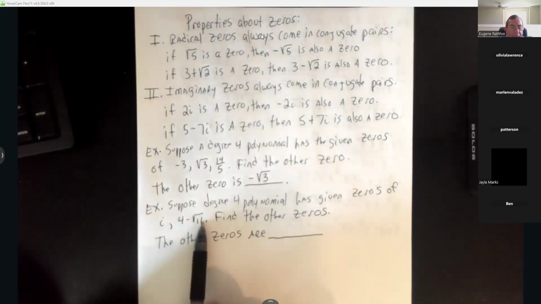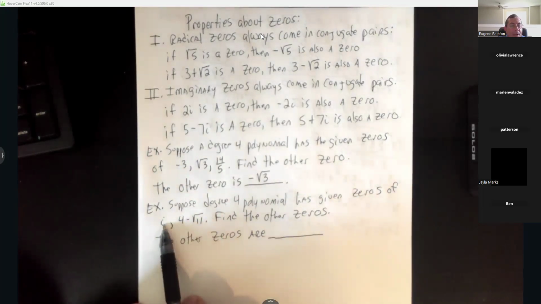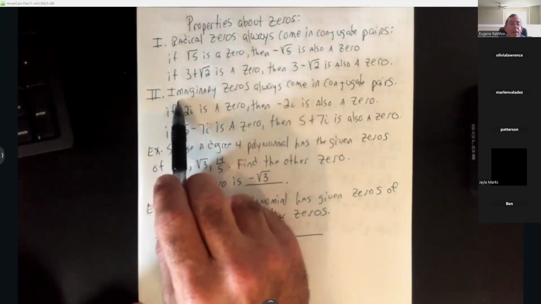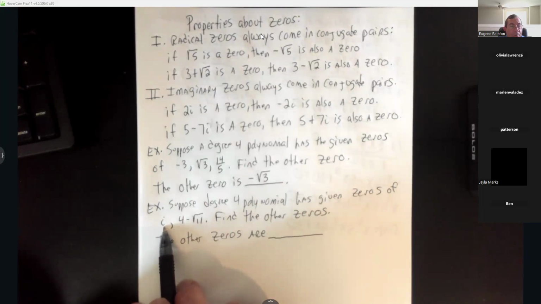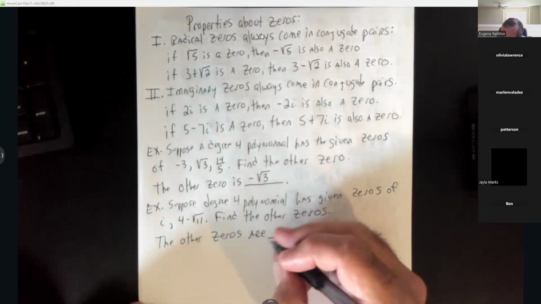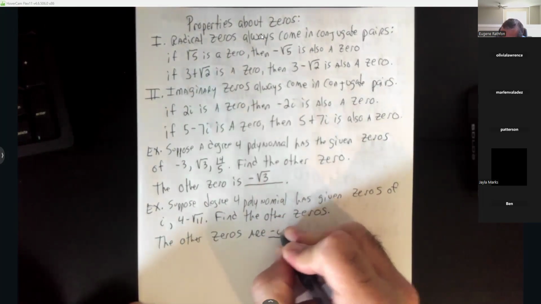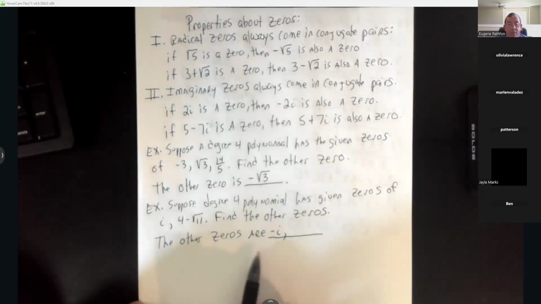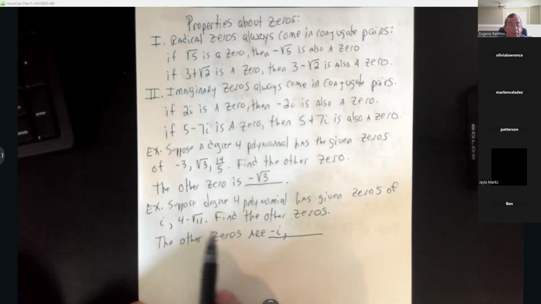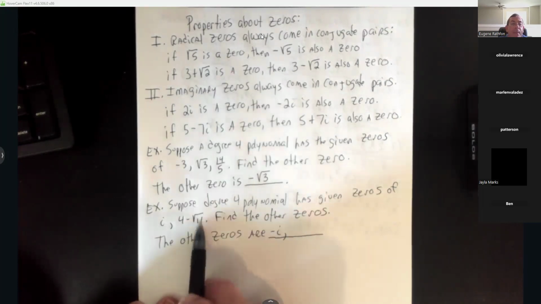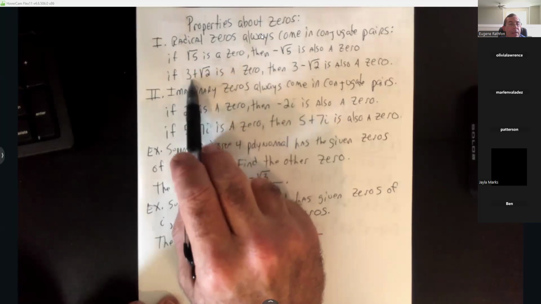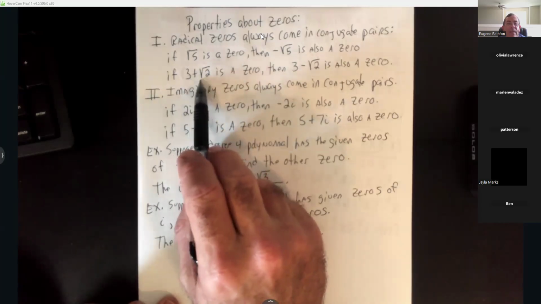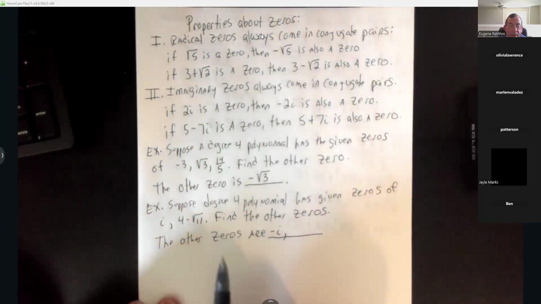So I'm looking at what they gave me. Oh, they gave me an imaginary i. Well, we said up here, they come in conjugate pairs. So the conjugate of a positive i would be a negative i. So negative i is one of them. Then I'm looking at this 4 minus square root of 11. It's a radical, and we said they came in conjugate pairs.